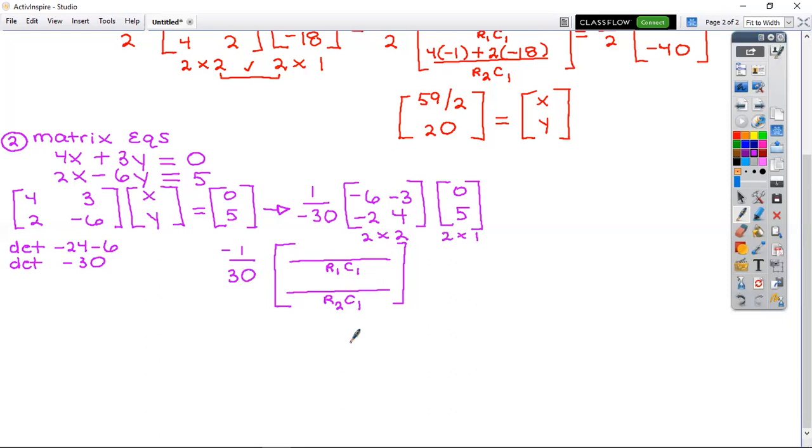And again, this one's easy because you have a 0 in there. So I want to do negative 6 times 0, or you can leave that off. And then I'm going to have plus the 5 times the -3. All right, so I have -1/30 multiplied by -15.